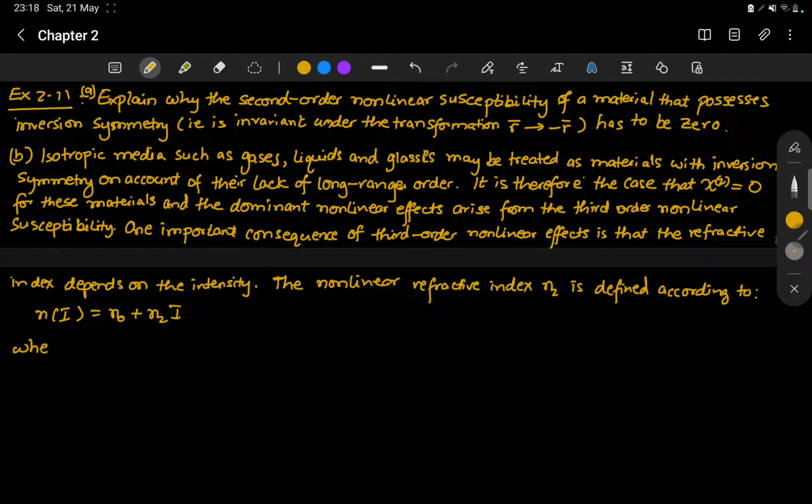where N0 is the linear refractive index and I is the optical intensity.